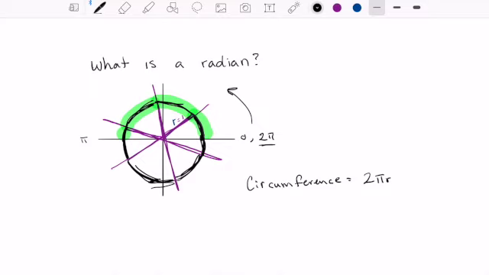Well, for the unit circle, if our radius is 1, the circumference equals the distance all the way around. Well, that distance is 2 pi, so 2 pi times 1 is 2 pi. That's the distance of the unit circle. Any circle from here on out is going to be 2 pi times whatever the radius is, and that gives you the distance around.